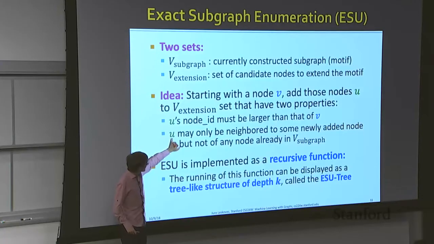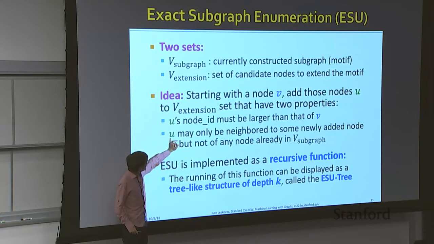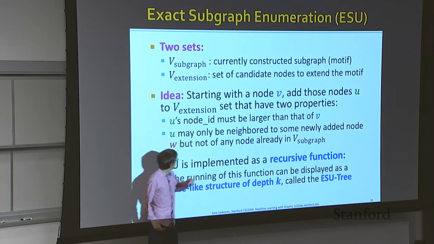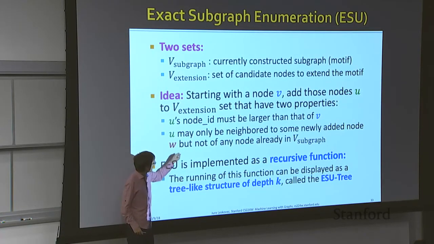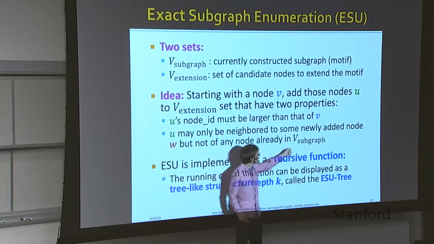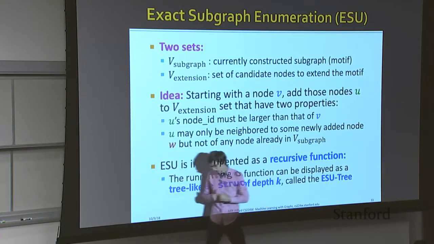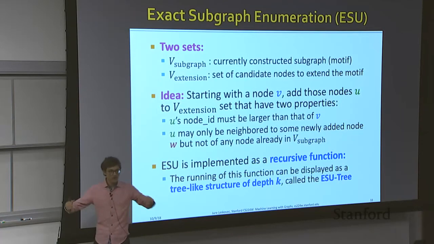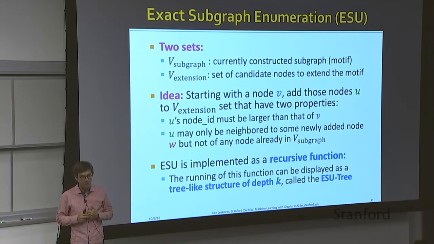And then the other thing will be that node U can only be a neighbor of some newly added node W, but not of any node that is already in V subgraph, right? So we want to only extend the subgraph we have built so far.